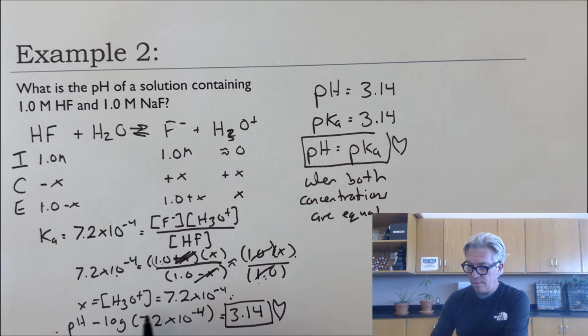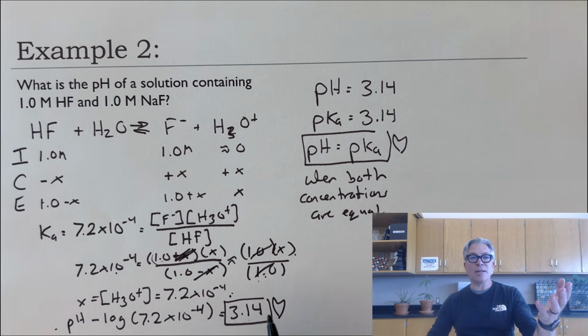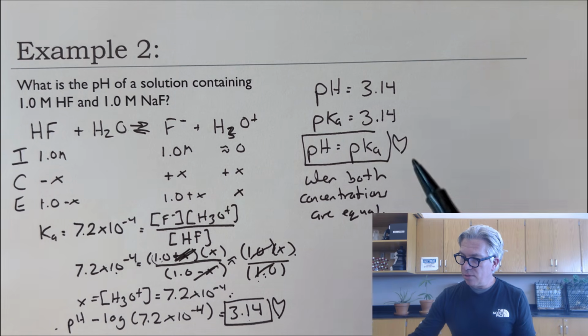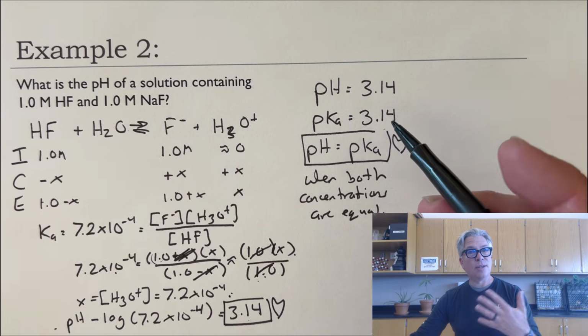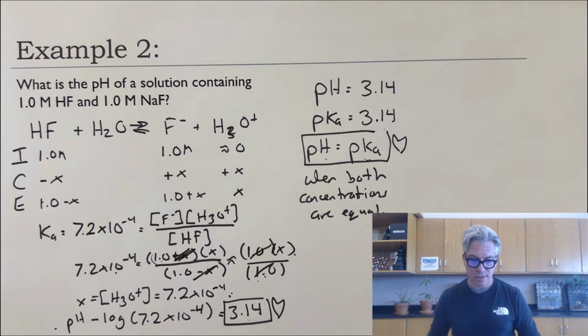And that's 7.2 times 10 to the minus 4th. And the pH is negative log of that, or 3.14, which is, coincidentally, pi, but only the first three digits. And pH is 3.14, pKa is 3.14. Is that a coincidence? No, it's not. pH will equal the pKa when both concentrations are equal.